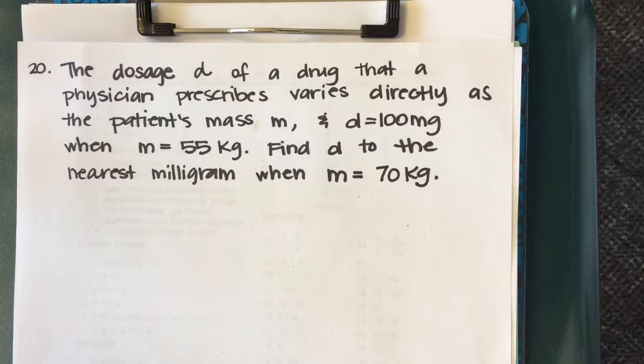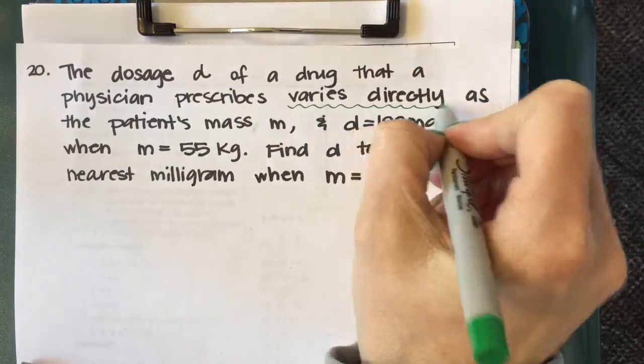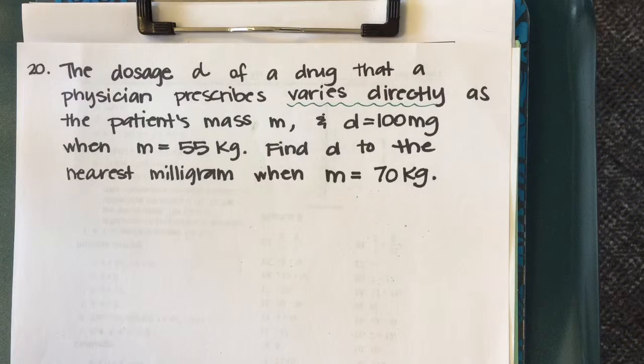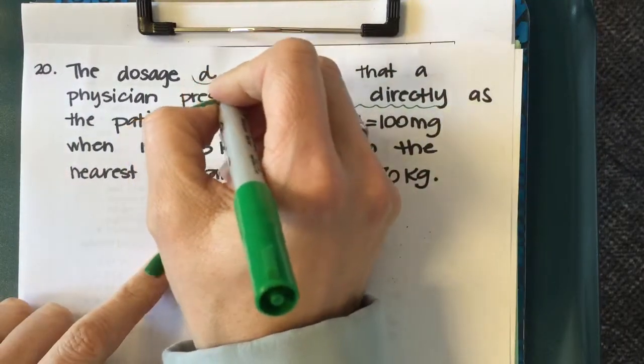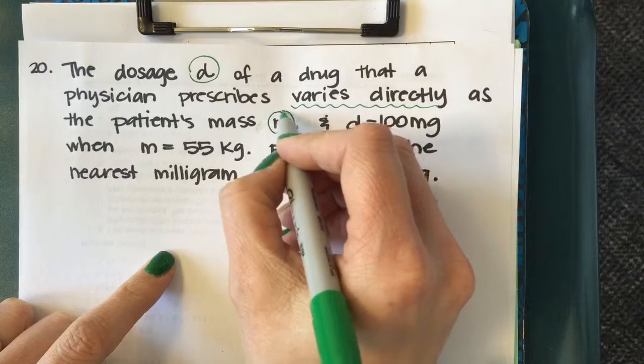I also wanted to do one story problem with you. So it says the dosage D of a drug that a physician prescribes varies directly with the patient's mass m. So first thing is I need to come up with what kind of equation I'm going to use, what kind of function. So D varies directly as m.